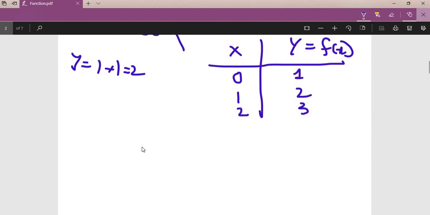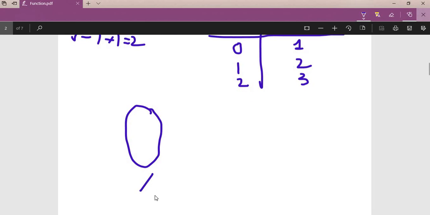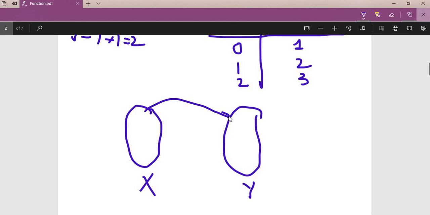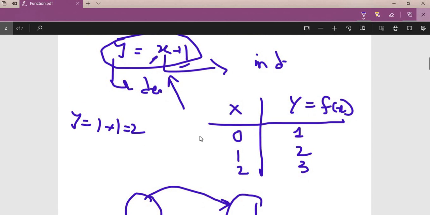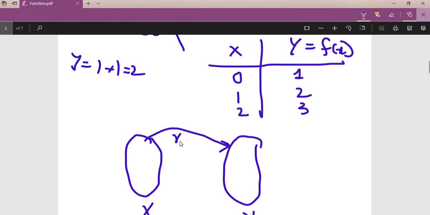Alright, so now let me draw the Venn diagram of this function. It could be like this. This is a set x, and this is a set y. Here the function is x plus 1. When the input is 0, we give 0 to the function, 0 plus 1, so the output will be 1.